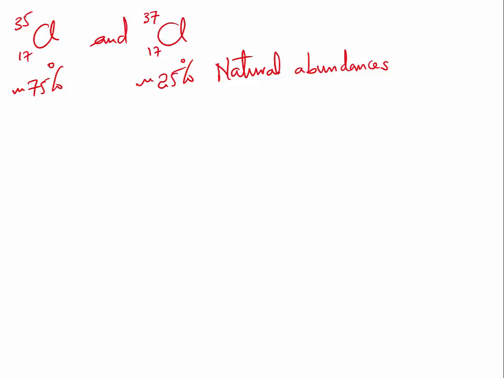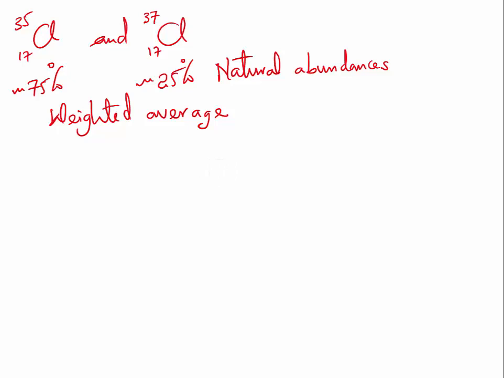And we cannot simply use 37 because chlorine 35 also exists. The number we use to represent all the chlorine atoms in nature is found by what is called weighted averaging.